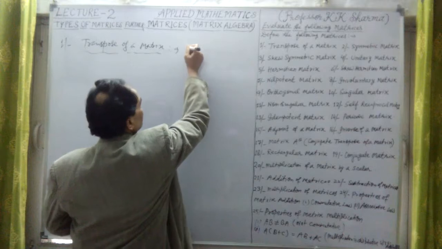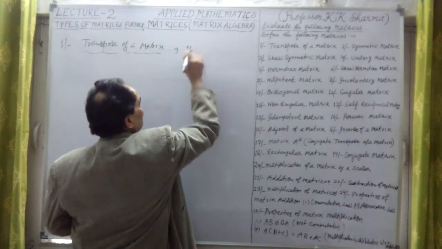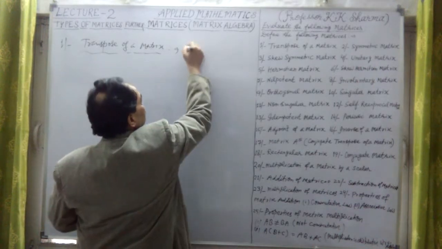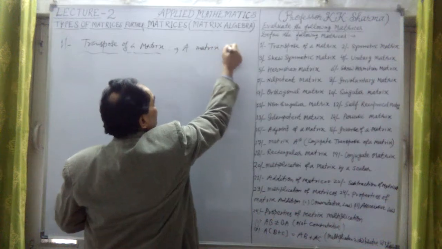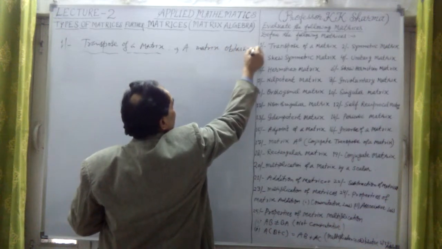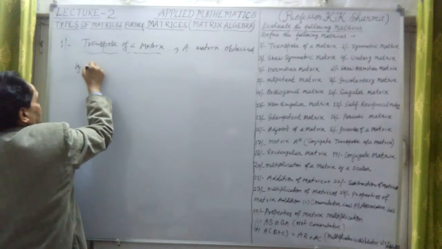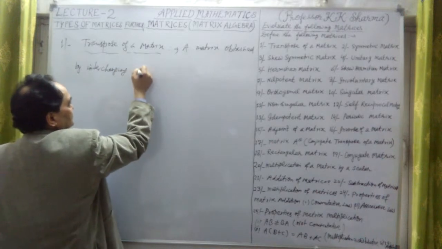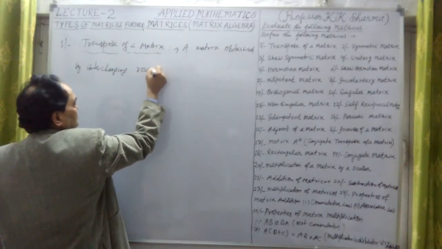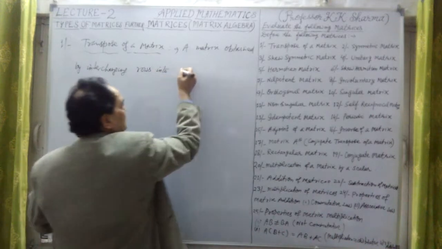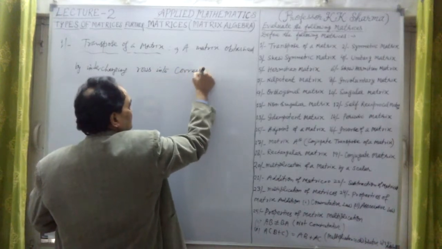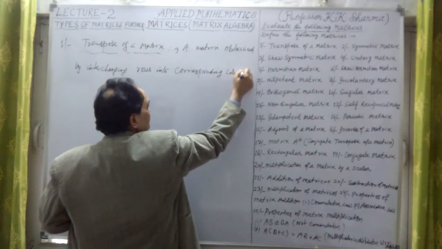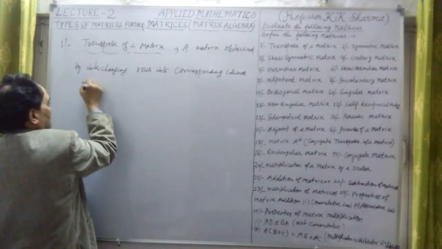So the transpose of a matrix is a matrix obtained by interchanging the rows into corresponding columns of a matrix.